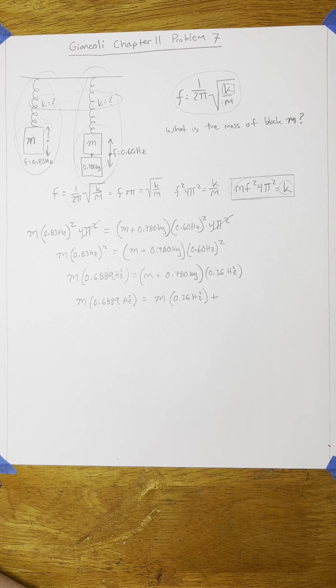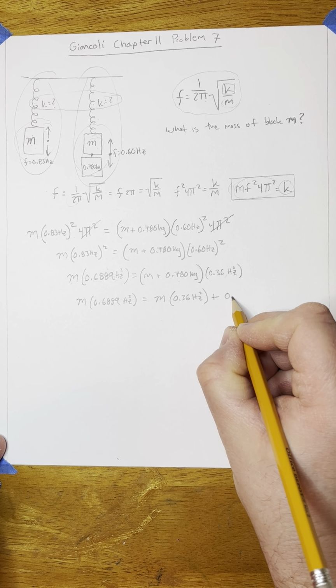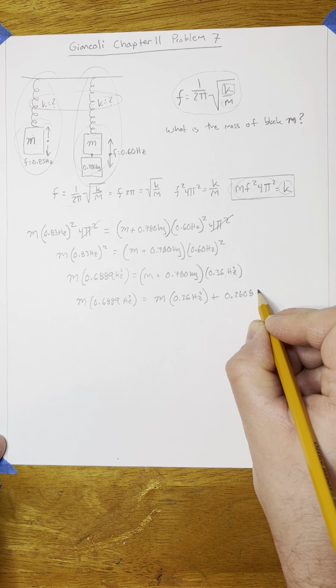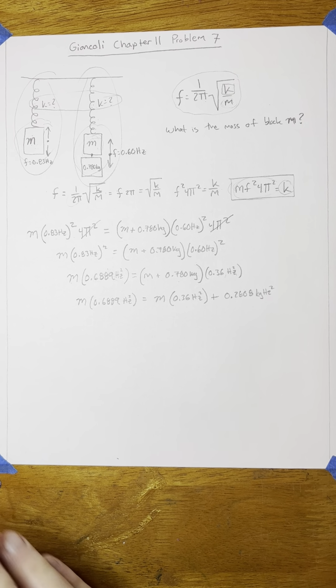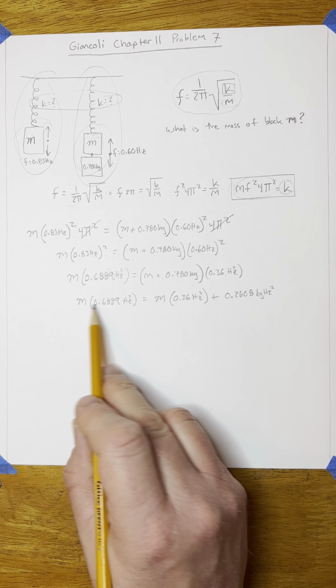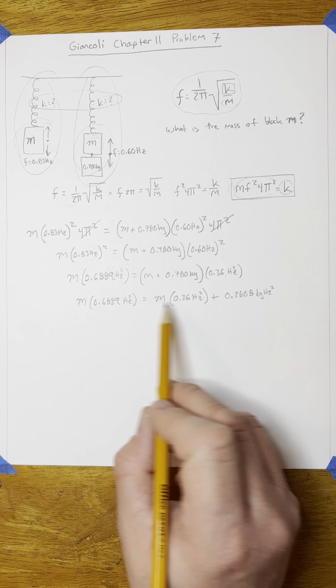And that will give me a value of 0.36 times 0.78, which gives me 0.2808 kilogram hertz squared. Okay. So now I've got mass times hertz squared and mass times hertz squared on opposite sides.